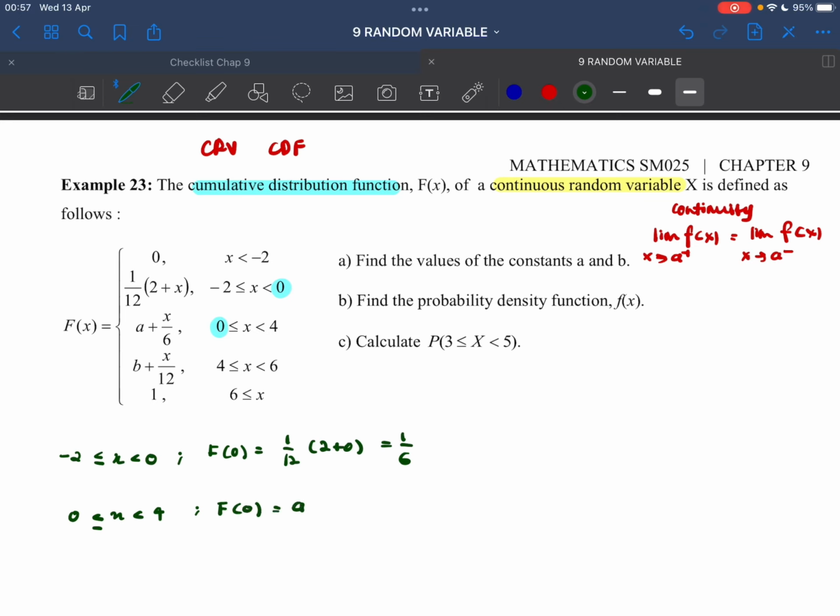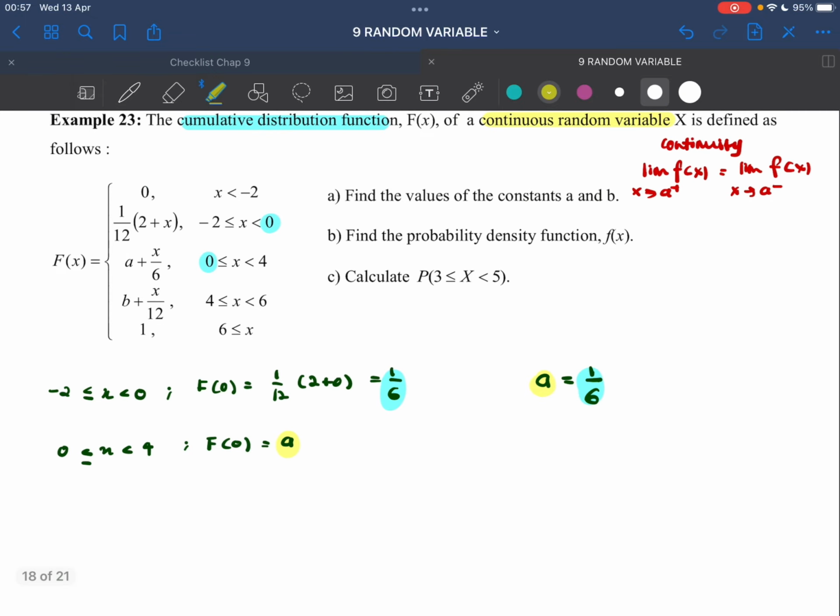Obviously that will be a. Because of this definition, the limit of f(x) from the left equals the limit from the right, because it is continuous. So we can assume here that a equals 1 over 6. Alright, now we are going to find our b.